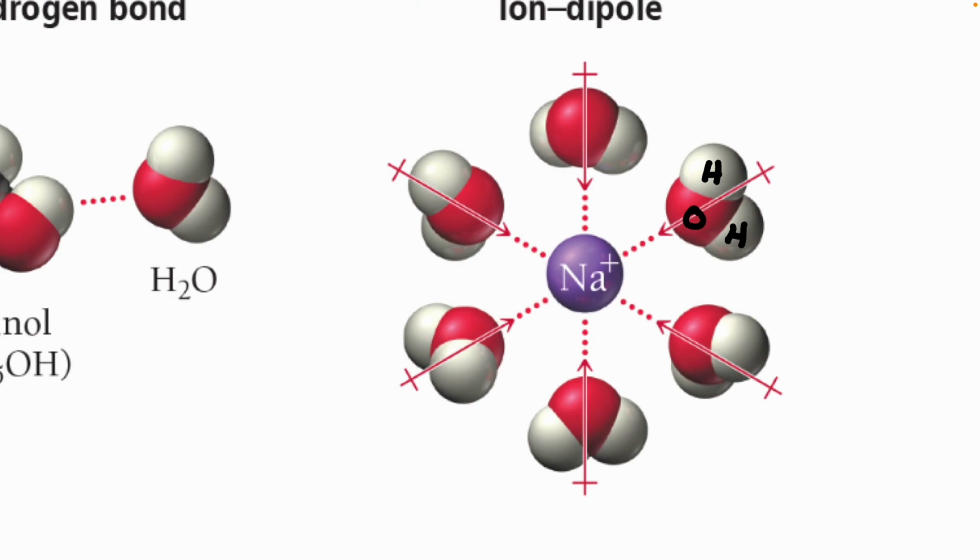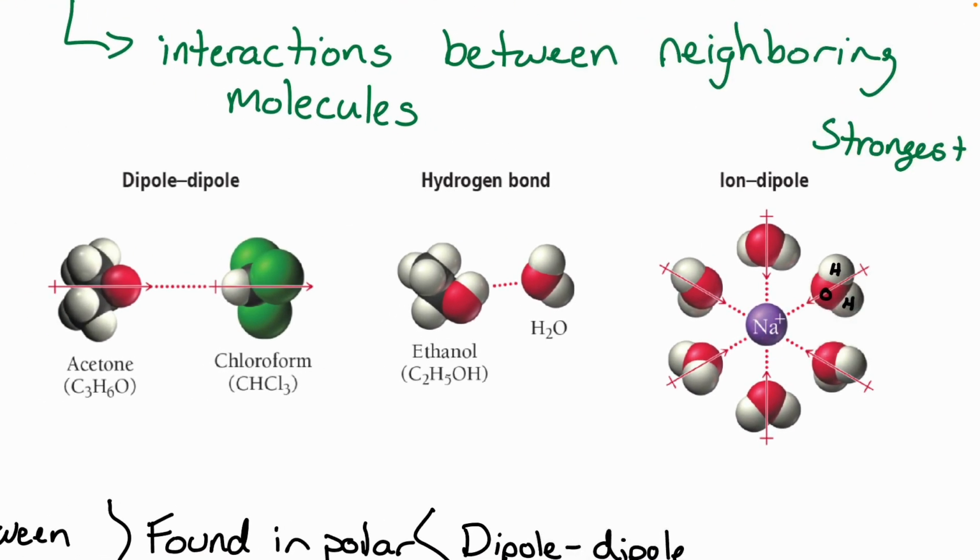The partial negative end of that water molecule is interacting very strongly with that net positive charge. The basis of all of these polar interactions is just that opposites attract, the idea that negative charges are attracted to positive charges.